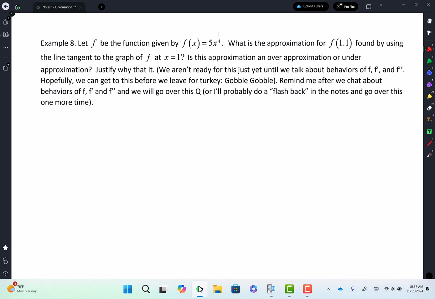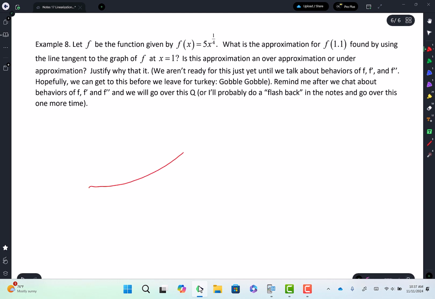I just want to give you guys, real quick, listen, because I want to make sure that we understand this. Later on, they're going to start asking you, is it an over approximation or an under approximation? All of that depends on the concavity of the curve. Think about it. If you're concave up and you find a tangent line, every point on that tangent line, is it above the curve or below the curve?